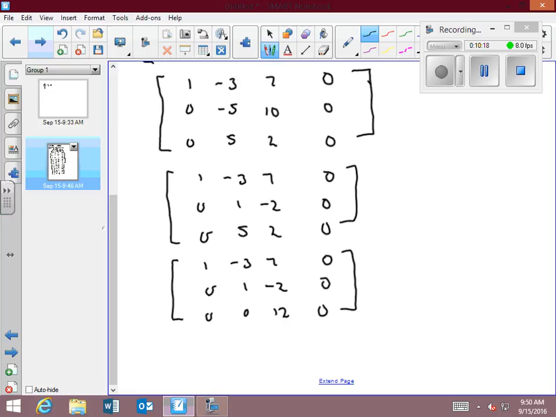Now, we can see there are no free variables, right? Because there's no rows that are zero. And therefore, only the trivial solution.